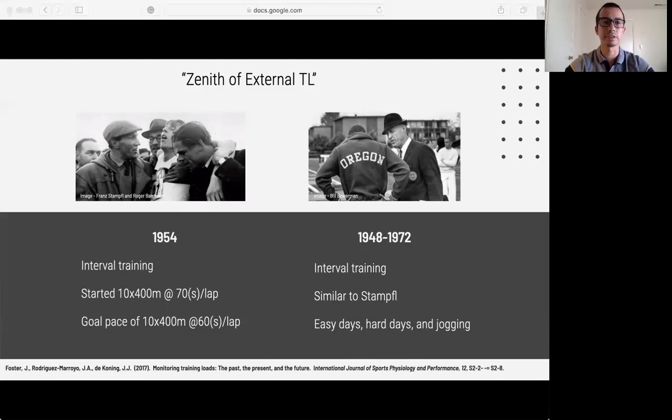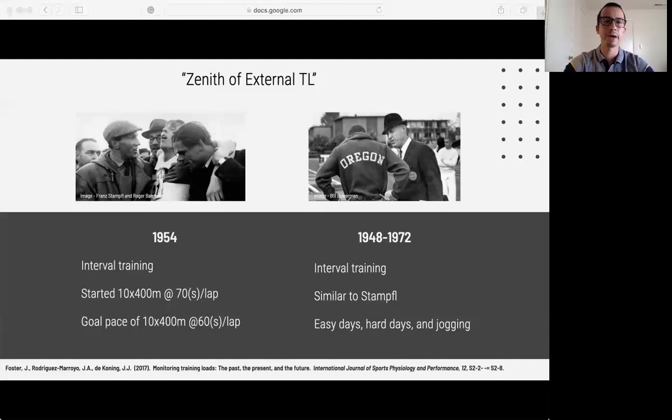The interesting thing with this training is if Coach Stampfl saw his athletes feel stale, or what we call non-functional overreaching, he would send his athletes on a hiking holiday, and this would serve for them as active rest and recovery. Once they returned from this hiking holiday, they would progress with their training.